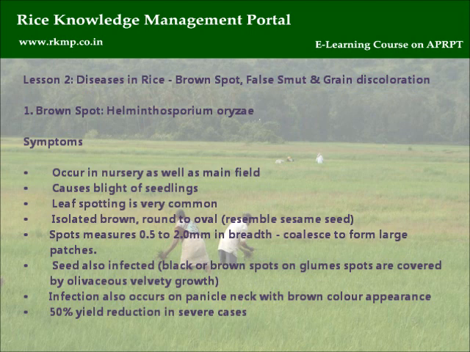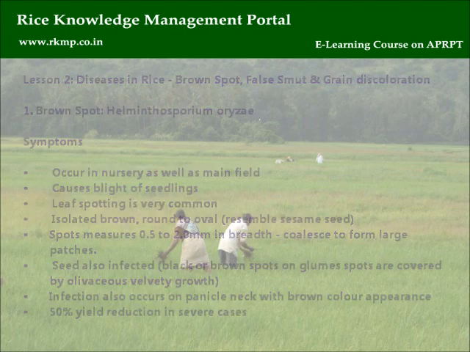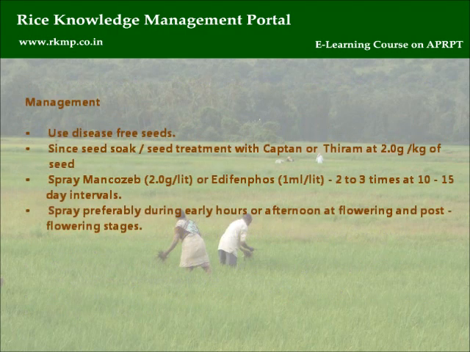Seed is also infected. Black or brown spots on glumes are covered by olivaceous velvety growth. Infection also occurs on the panicle neck with a brown color appearance. 50% yield reduction in severe cases. Management. Use disease-free seeds.